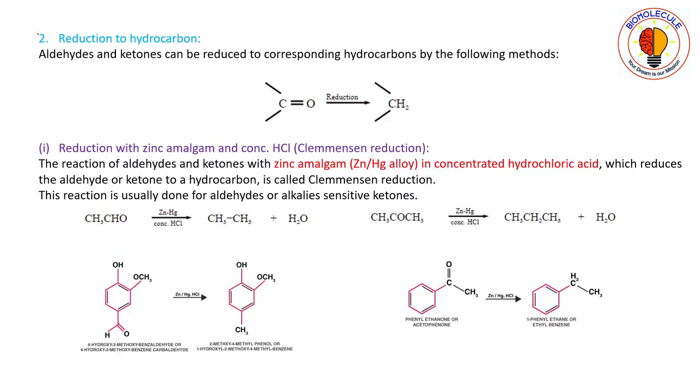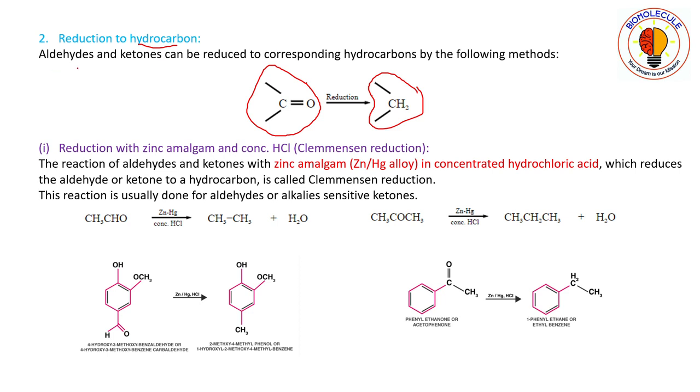Now we saw the reactions, that is catalytic hydrogenation and complex metal hydrides. Those reactions were giving us alcohol. Now we are moving to hydrocarbons. How can you get hydrocarbons, that is alkanes, from a carbonyl compound?